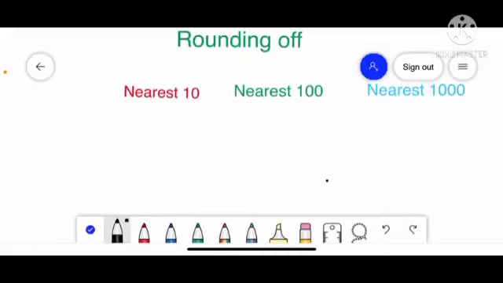Take a number, 4746. First we will round off this number to the nearest 10. For rounding off the number to the nearest 10, we are going to check the digit which is on the ones place. Which digit is on the ones place? That is 6.